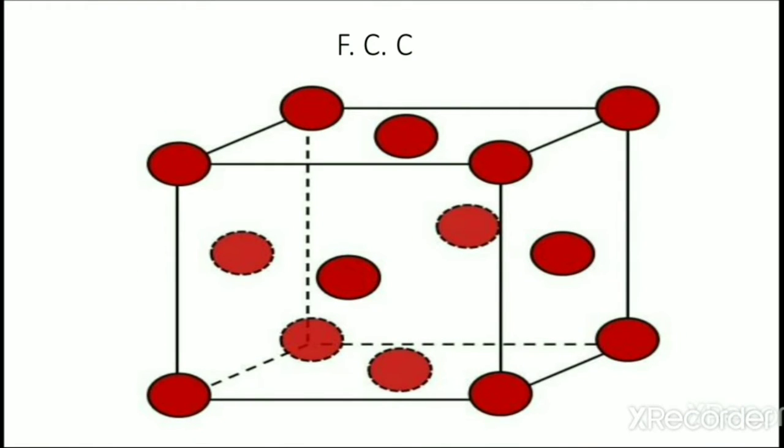In the case of face-centered unit cells, if one constituent particle lies at the center of each face besides the particles lying at the corners, it is known as the face-centered unit cell.